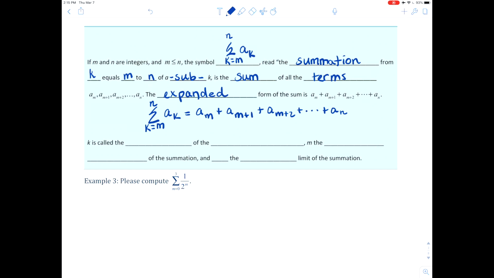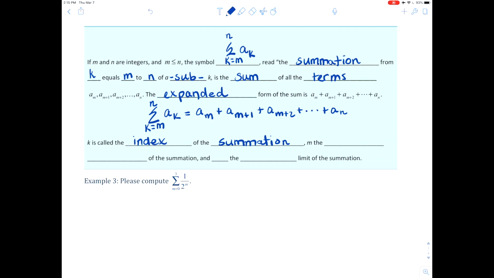Cool, cool? Awesome. All right, now k is called the index of the summation. So it's telling you where to start. Well, actually, m tells you where to start, but k tells you where to plug in these integer values that are in the domain, all right?